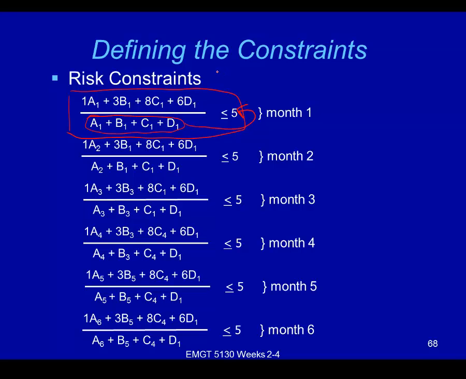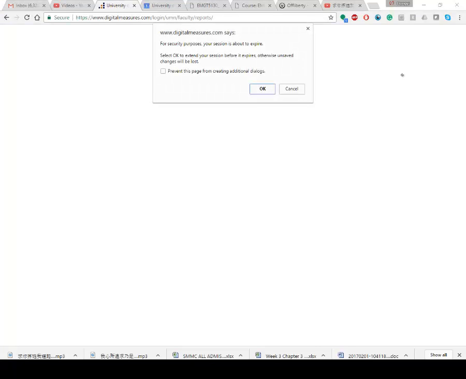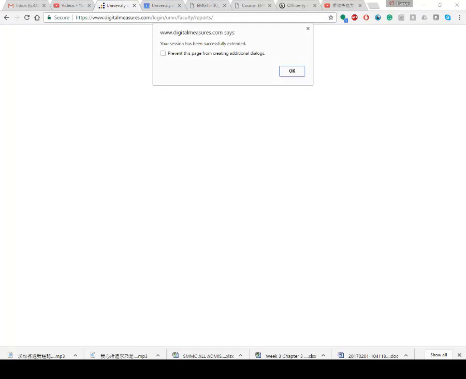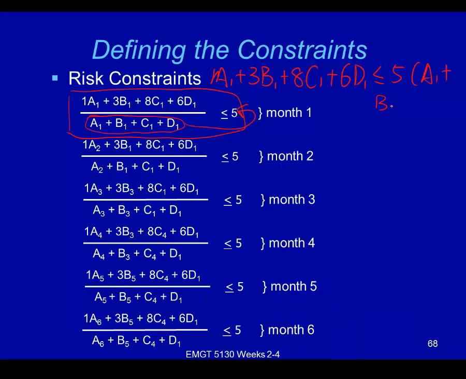So we'll have 1A1 plus 3B1 plus 8C1 plus 6D1 less than or equal to 5 times A1 plus B1 plus C1 plus D1.